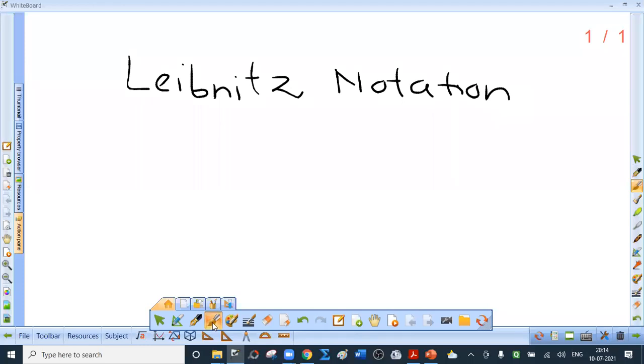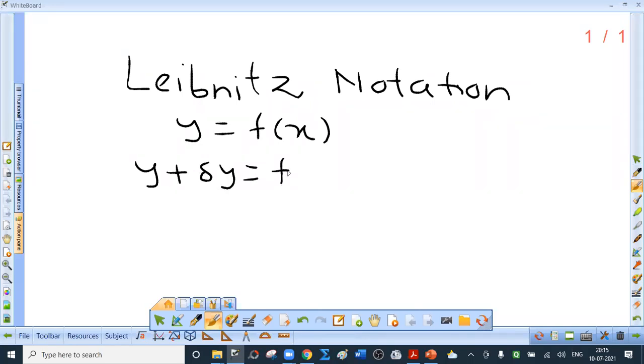Just listen to me. Suppose y equal to f of x is a differentiable function, meaning its derivative exists. Suppose x changes to x plus delta x. So in that case, y will change to y plus delta y, because y depends on x. So I will say y plus delta y is f of x plus delta x.